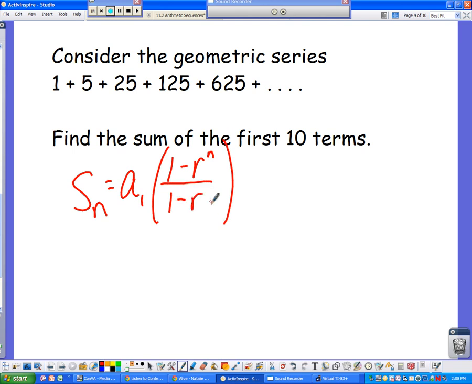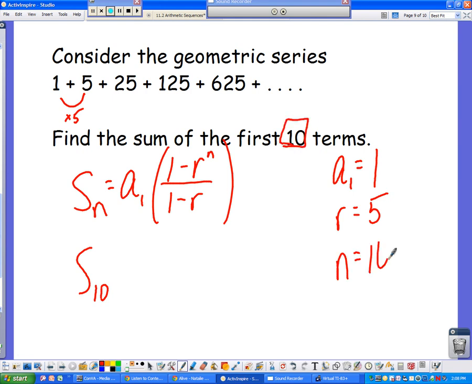So I'm looking for the first 10 terms. My a sub 1 is 1. It's the first term. My r, well, 5 divided by 1 is 5. 25 divided by 5 is 5. So my common ratio is 5. And my n is the number of terms I'm looking for. So in this case, it's 10.